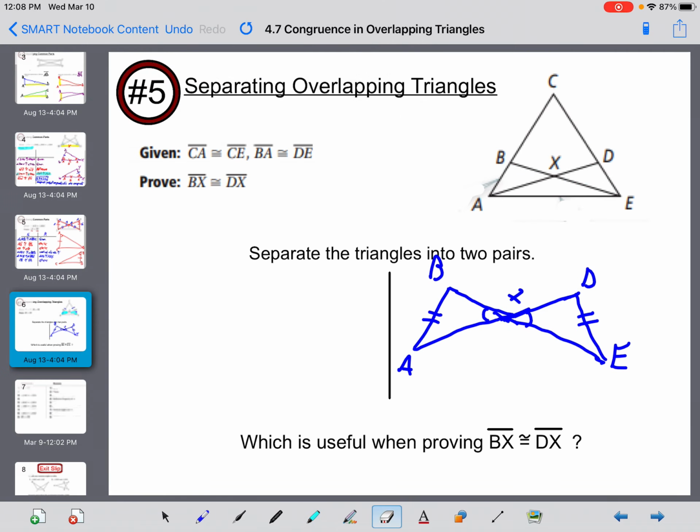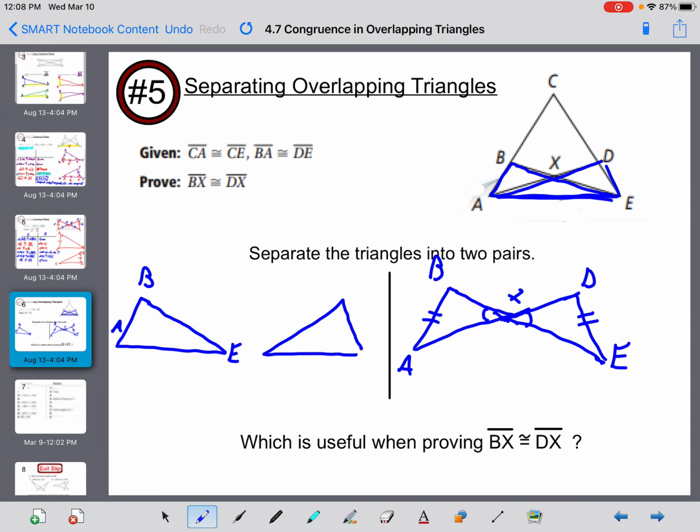But the other one that I see is actually a little bit longer and they overlap. Okay, so it looks like BAE and DAE.